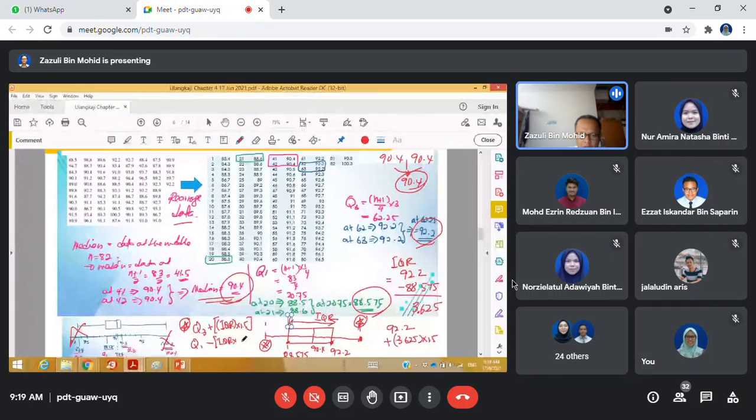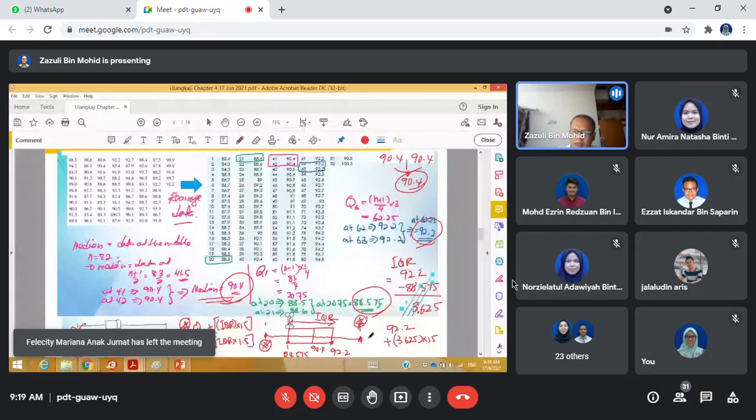Any data which is not in between these two points, we consider it as outliers. We can have the plus outliers, we can have the minus outliers.